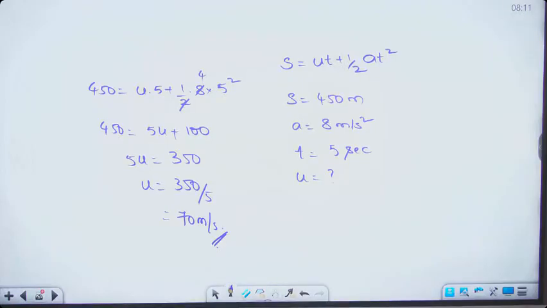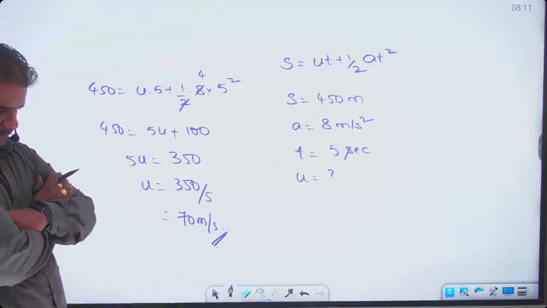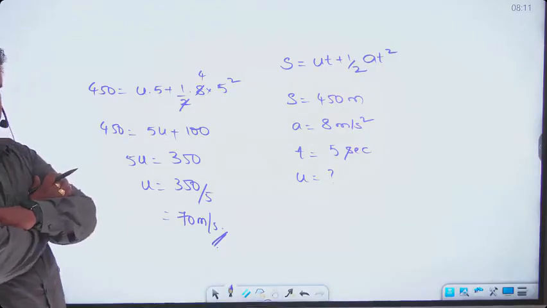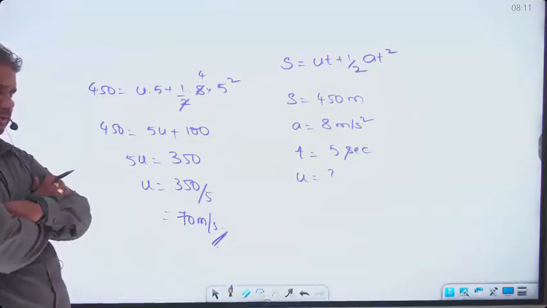Next one. An object is projected upwards with a velocity of 14 meters per second.